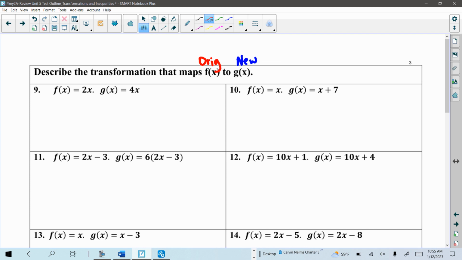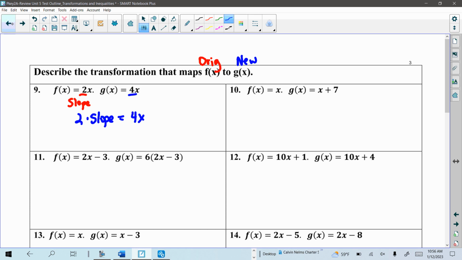In the original, 2 represents the slope. In the new g sub x, now we have a 4. What did they do to this 2, the slope, to get to 4? Times 2. This is showing 2 times the slope to get that 4x. So my rule is showing times the slope.